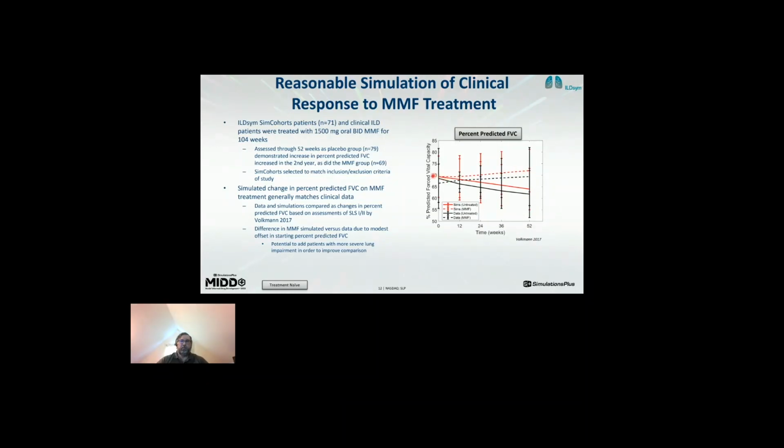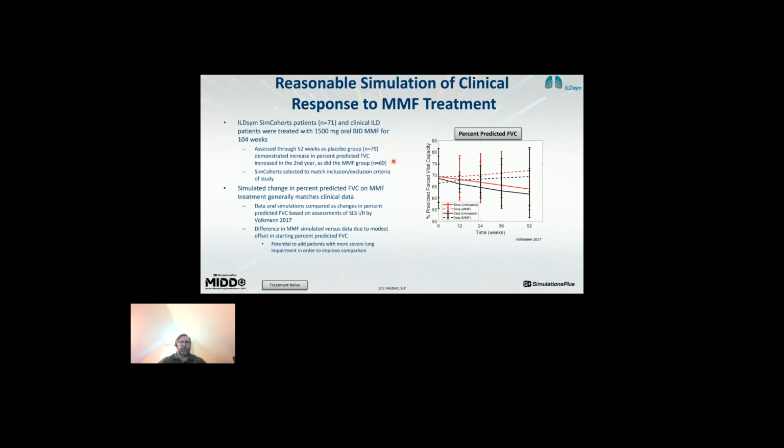In terms of our SIM cohorts, in this case, 71 individuals versus the treatment group of around, again, 70 individuals or 80, depending on the group. So in terms of our treatments, these are more helping us calibrate the model. We're doing a reasonable job predicting the treatment response for mycophenolate and nintedanib.